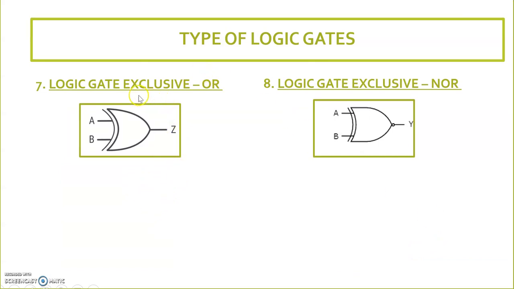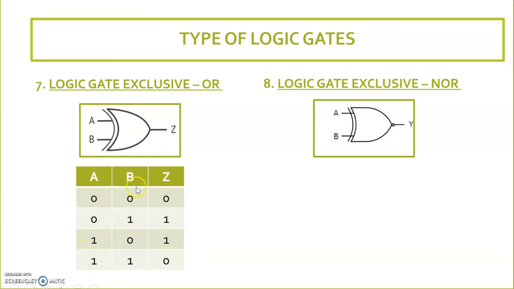Next, this is the logic gate for exclusive OR. This is the symbol for exclusive OR. Again, it has 2 inputs over here, 1 output. This is the list of inputs, and Z is the output. The concept of logic gate exclusive OR is that for the same value of input, the output will be 0.